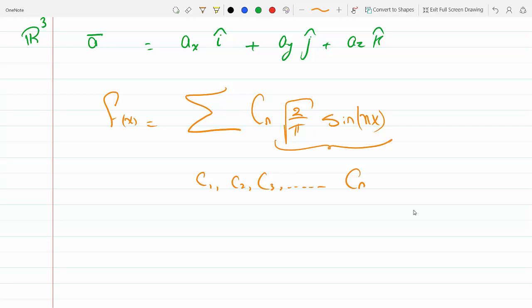So that function is serving as your ijk in R3. There you have 3 components. Here you have n components, and the c's are acting like the value of these components along every direction. So this is an example of that.